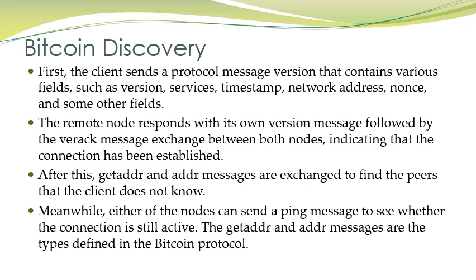Then the remote node responds with its version message, followed by a version acknowledgement message. After getting this version acknowledgement message, the connection is established between the requesting node and the remote node.